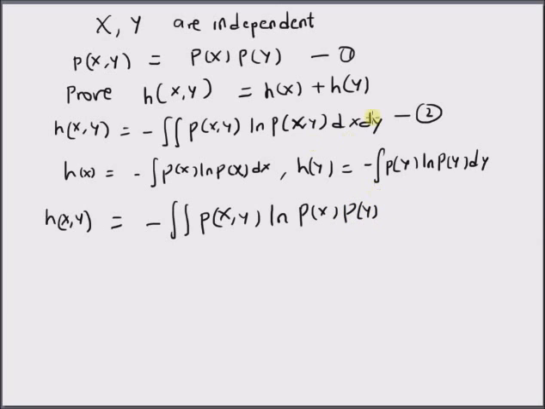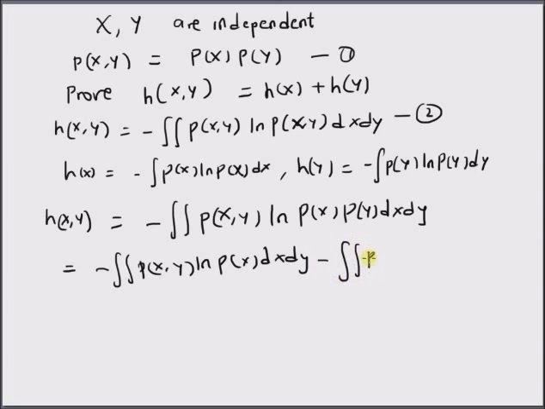That is the key idea for this separation, which splits the integral into a sum of two integrals: minus p(x, y) log p(x) dx dy, since log of ab is equal to log a plus log b, and minus p(x, y) log p(y) dx dy.